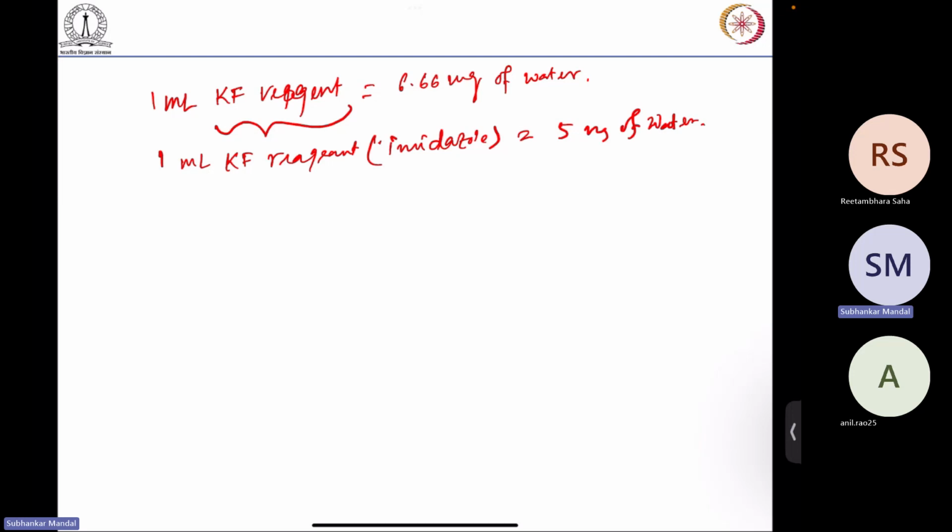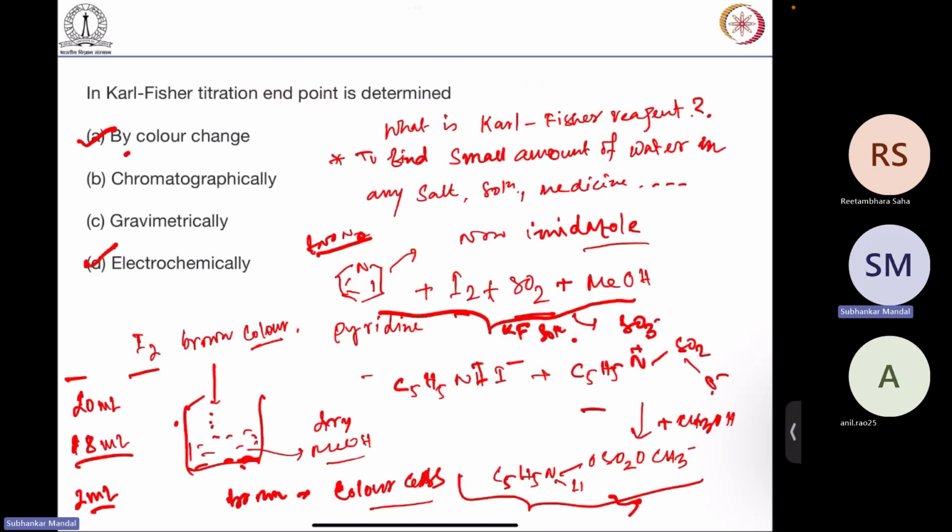Okay, so initially they take the dry methanol solution, and whatever water is there will be oxidized. Iodine goes to I minus, so the water molecules in the methanol solution are fully consumed.